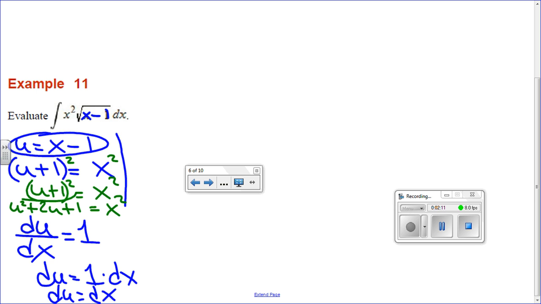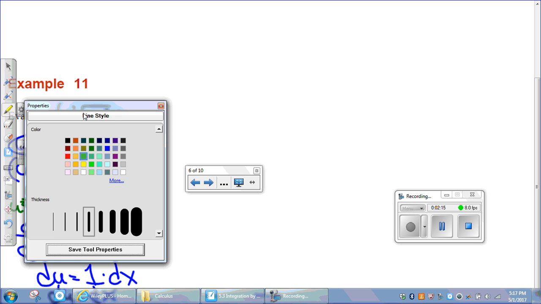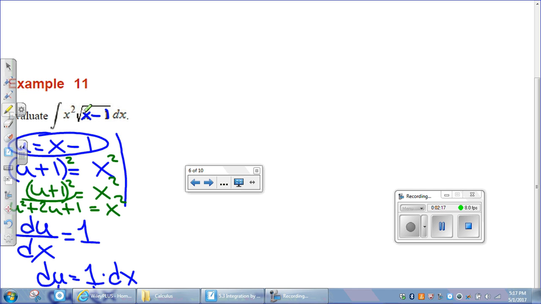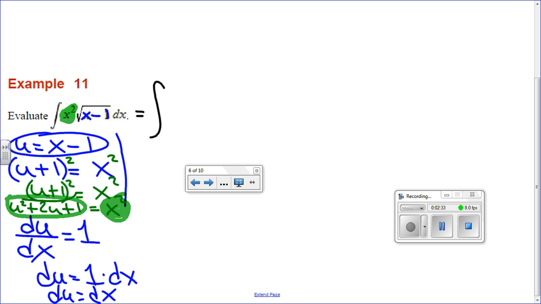Instead of the x squared that we have here, we're going to substitute this whole expression, this trinomial. So that will be the integral of u squared plus 2u plus 1. Again, this x squared is being substituted with this expression.